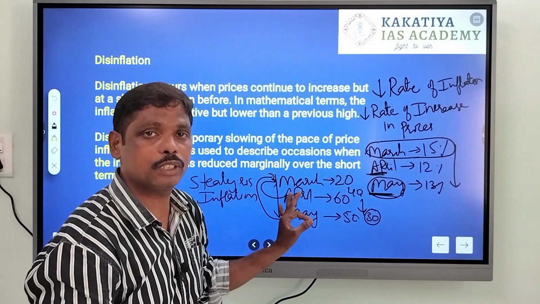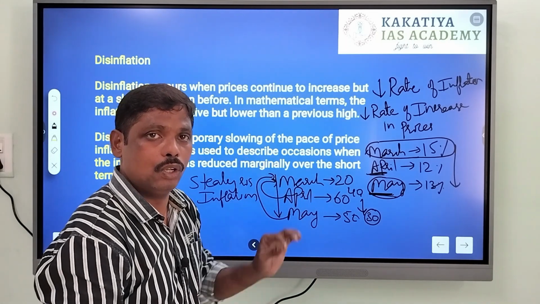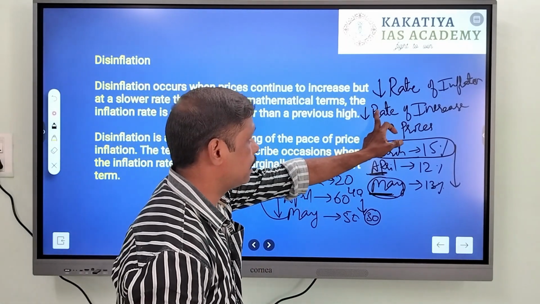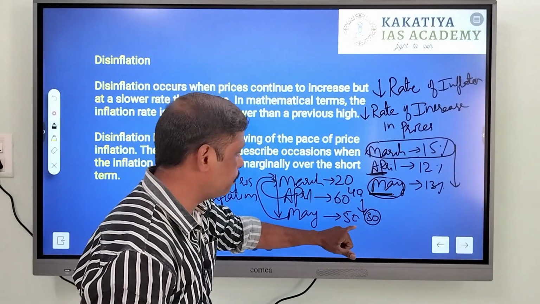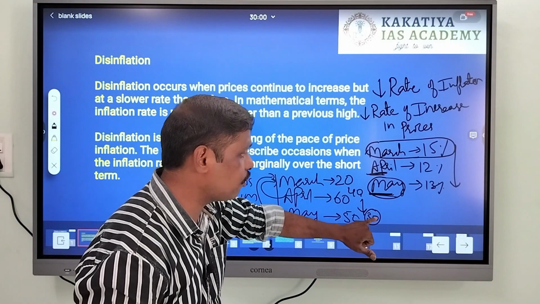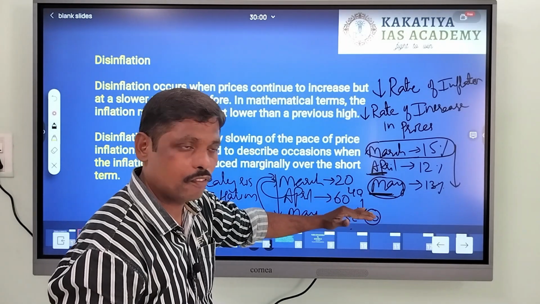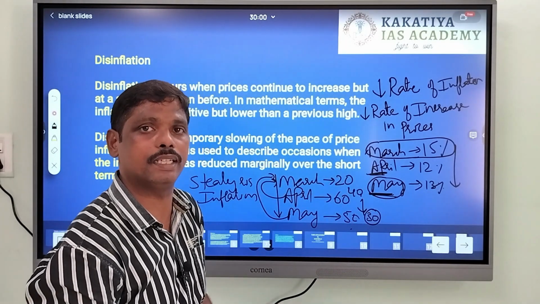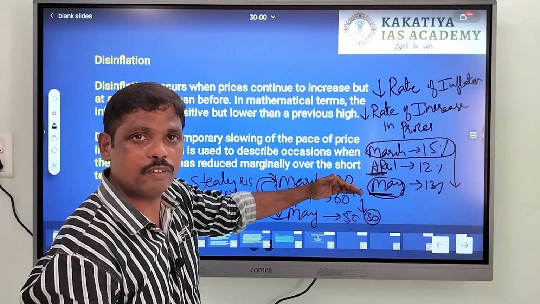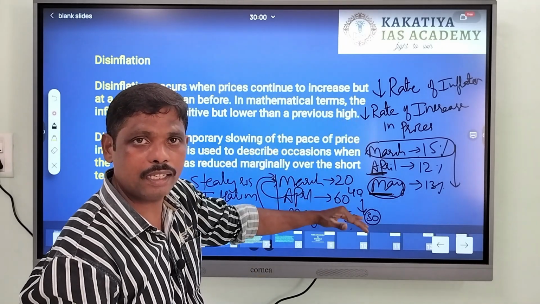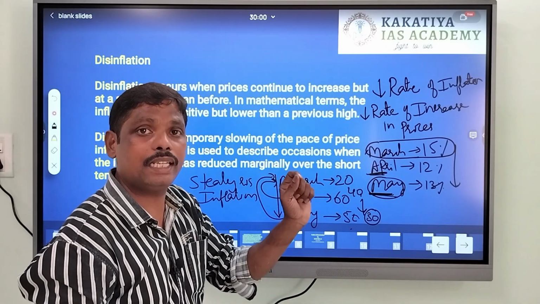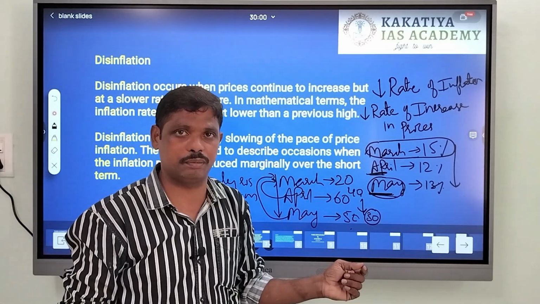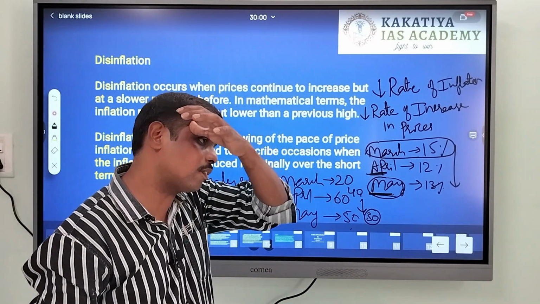So this is a situation of disinflation. Disinflation denotes a decrease in the rate of increase in prices. There is a price rise, but the rate of price rise is slower when compared to the previous period. In the previous period it was 40 rupees and in the present period it is 30 rupees. So there is a change in the rate of increase.